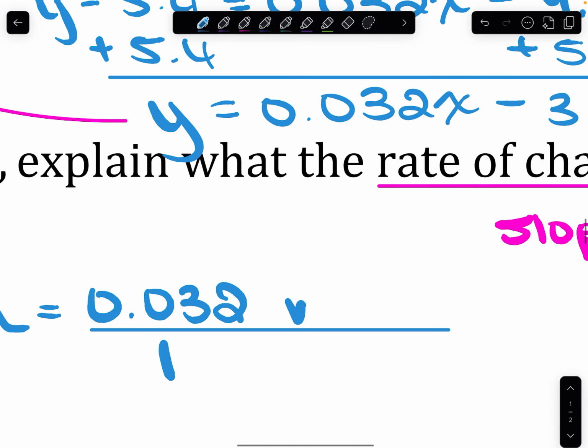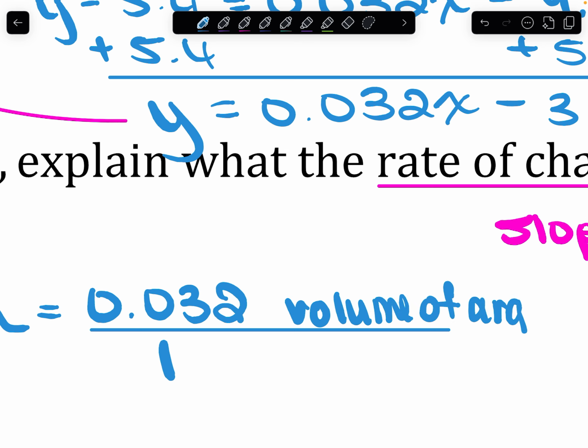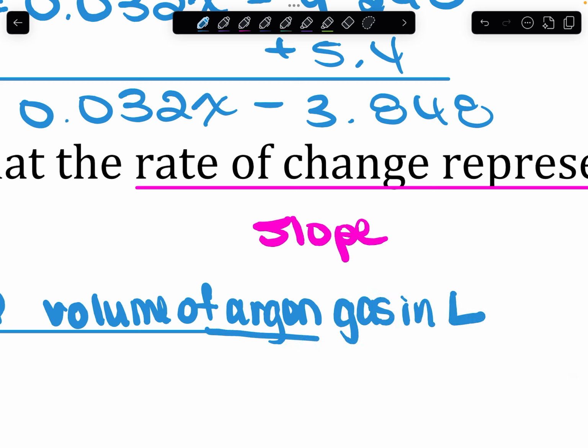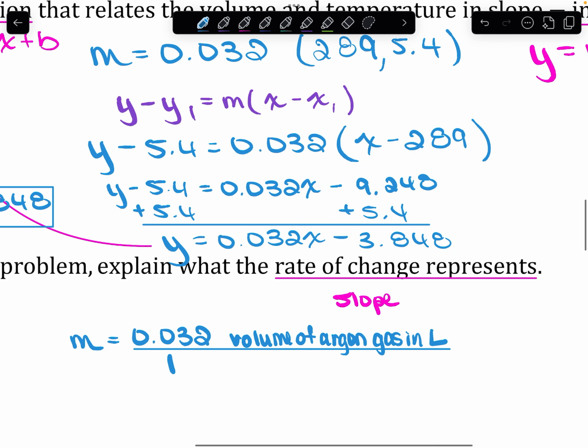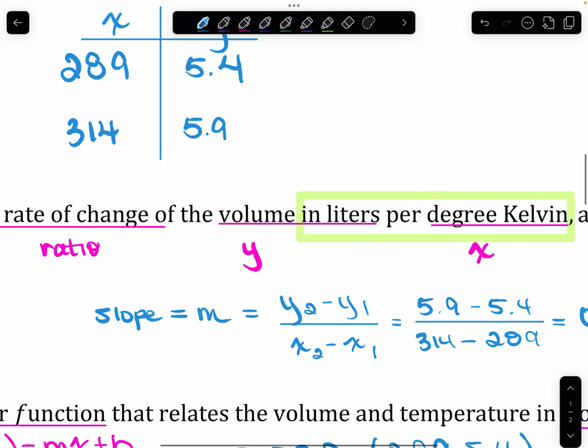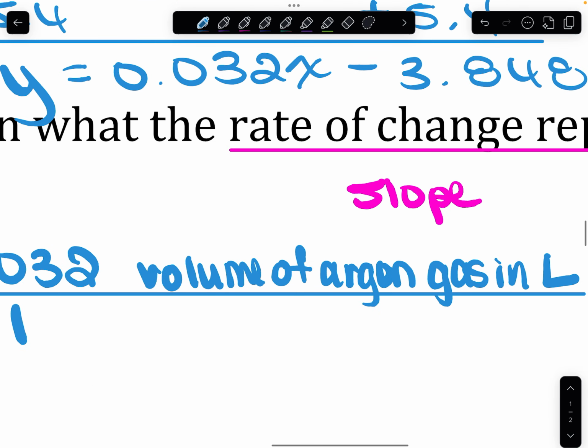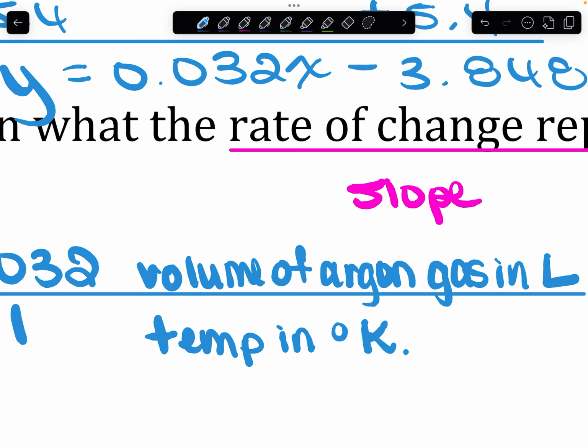So this is the volume of argon gas in liters. Over my units for x. X is the temperature in degrees Kelvin. So over the temperature in degrees Kelvin.